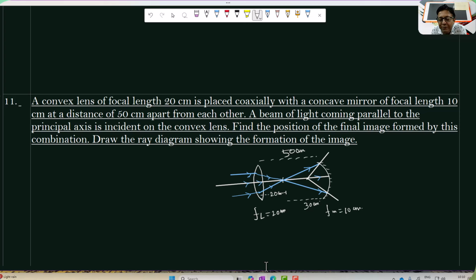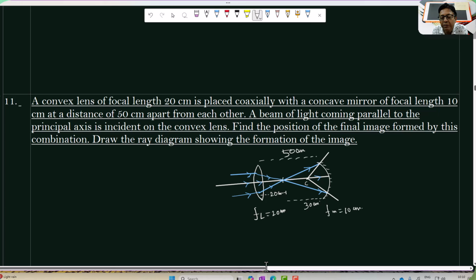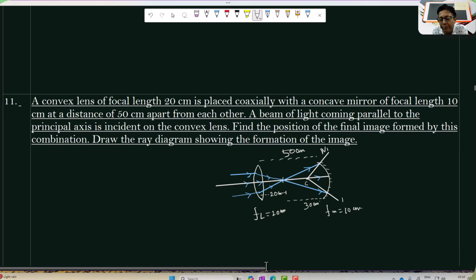Now, the ray diagram is very important, and this is the center of curvature, with the normal drawn here. If you want to draw a perfect ray diagram, this is the normal. After reflection, it will move away from the normal or towards the normal, that we have to decide.